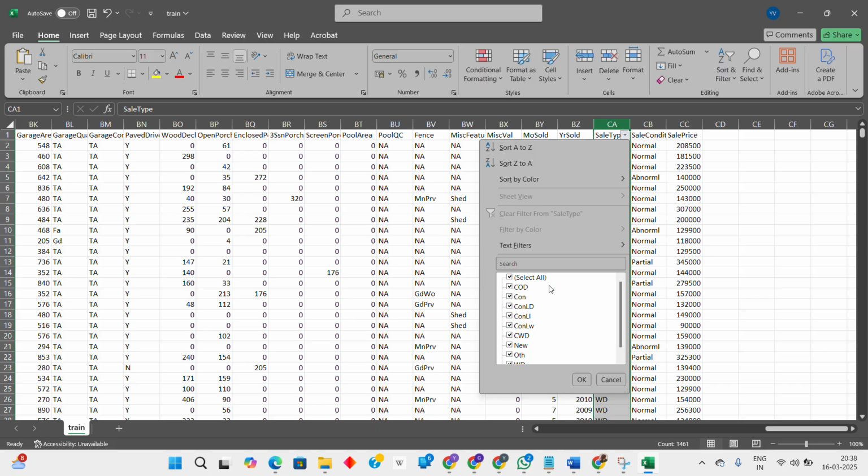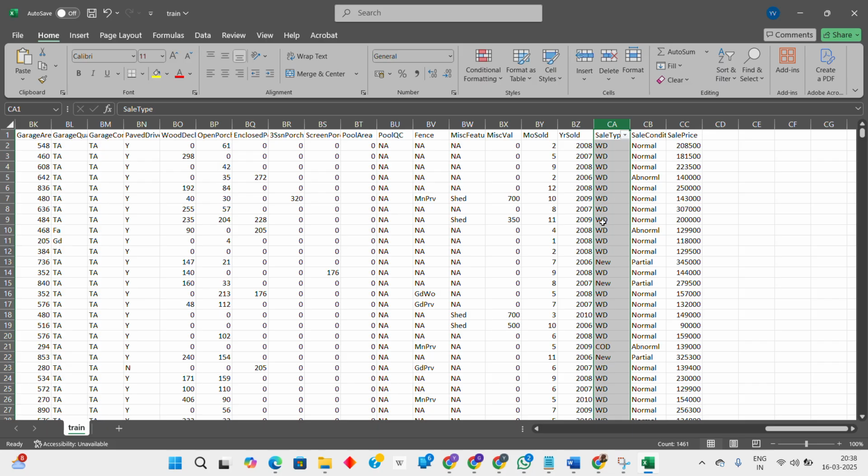For example, you define COD is 0, CON is 1, and CONLD is 2. Likewise, you define one dictionary and replace using a Python function. Wherever the value is COD, it has to be replaced with a 0. In that way, you can do the data mapping.